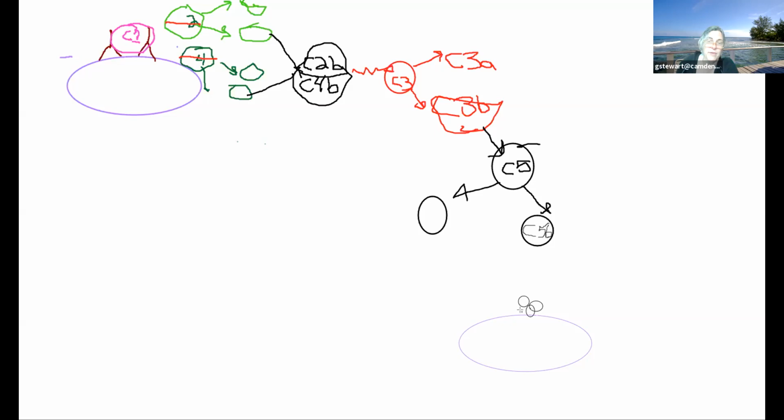So now we have C5, C5B, C6, C7, and C8 is the last one I'm trying to put on here, like that. And that set of molecules, let's make it yellow. Several C9s go around the outside of that, and then it's almost like a drain plug. C9, C9, C9.